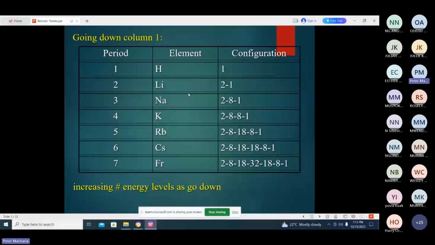Hydrogen fits in the sense that it has one outermost electron, and that is the characteristic of group 1. But hydrogen and helium usually are considered separate.